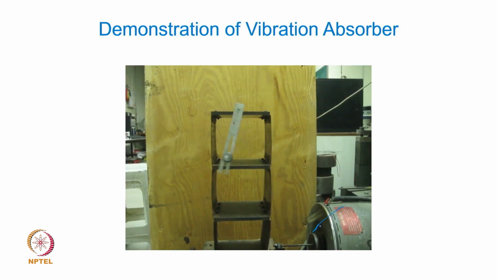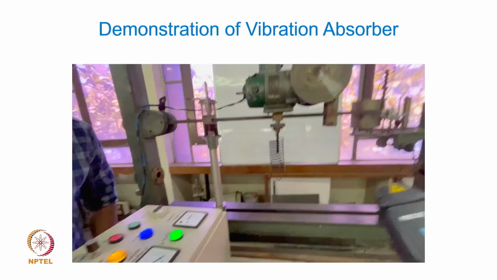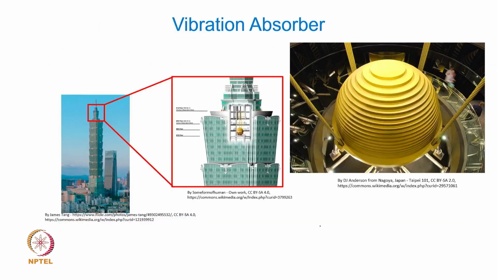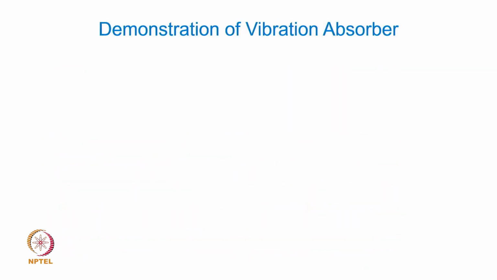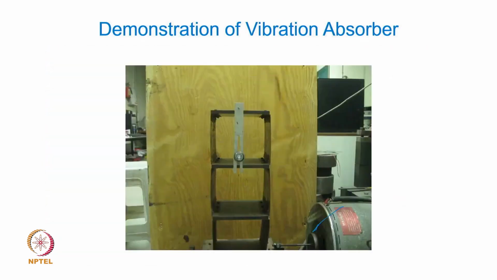Of course, in the actual building, you must have seen there were dampers, if you recall. Maybe you can have a look at some of the videos on the web. So these are the dampers that you will see there. So this is not an undamped vibration absorber, but you do have some dampers there, and there are reasons why we use, or sometimes have to use, damping elements.